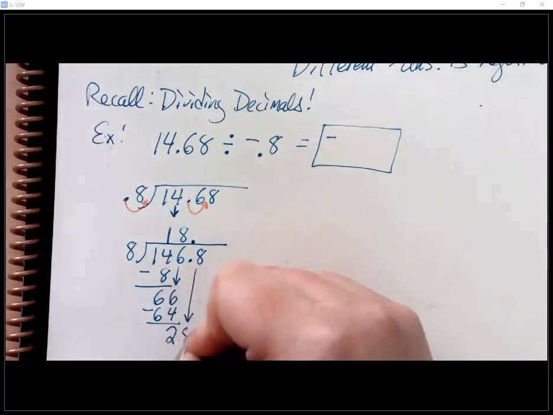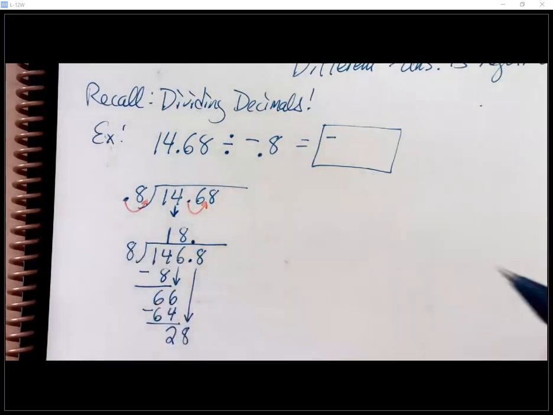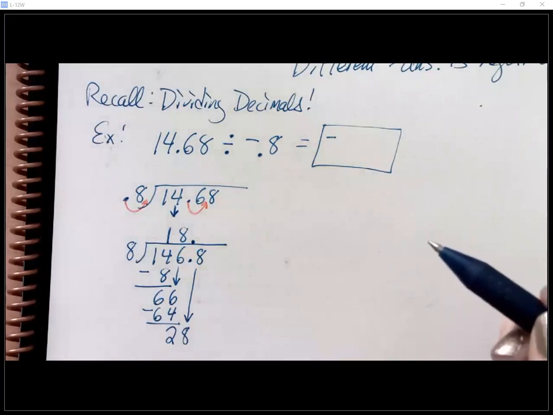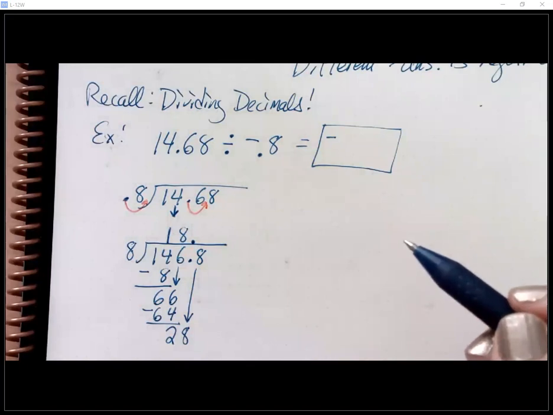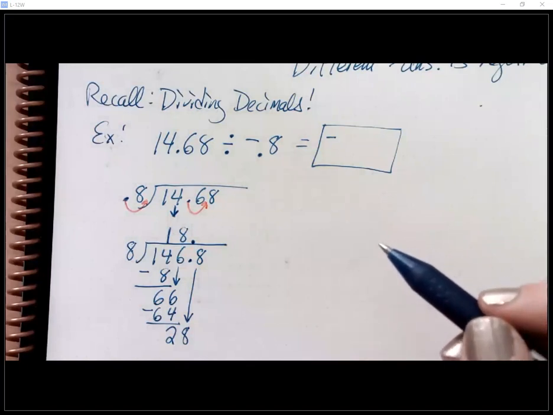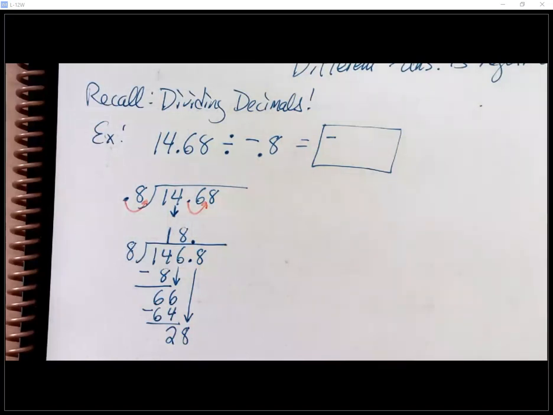And then ask yourself again, how many times does 8 go into 28? How many times can 8 go into 28? Too high. 8 times 4 is 32. 3.